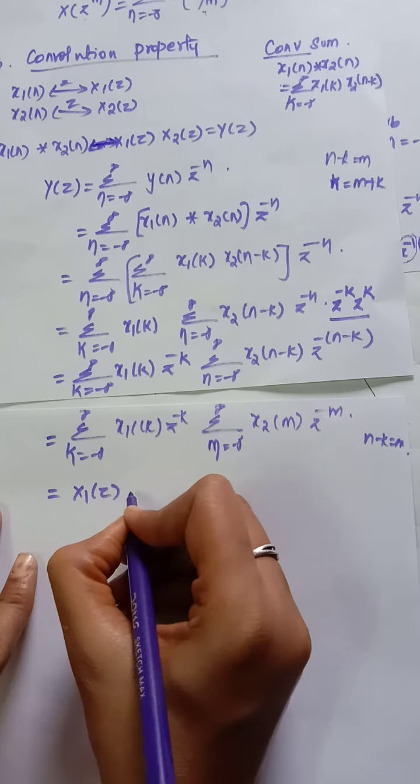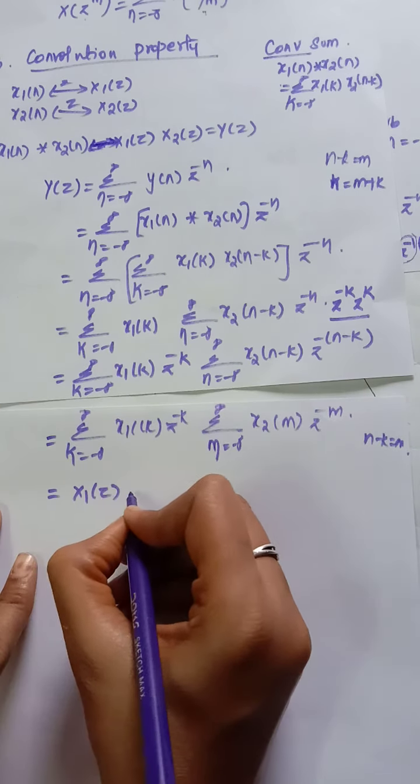So minus z d by dz X of z corresponds to n into x of n. But first we need to prove this. In order to prove this, the same procedure: X of z is equal to the z transform of x of n, we have written it.